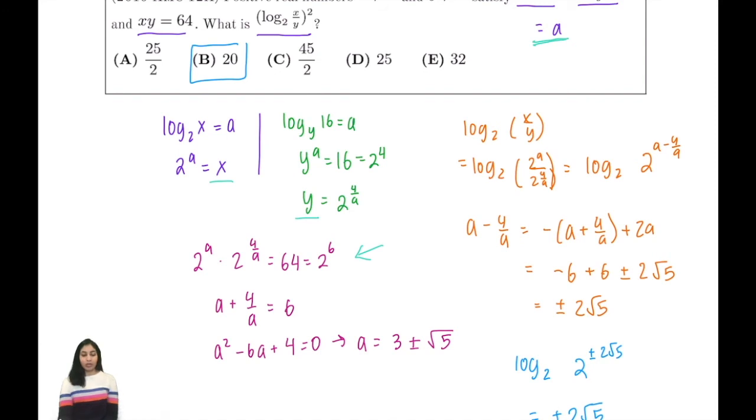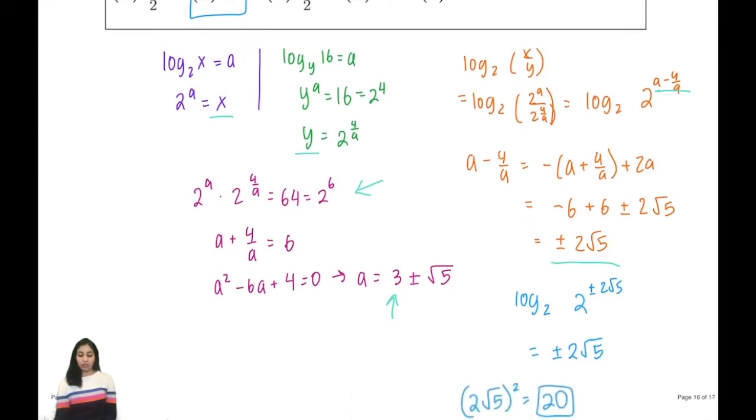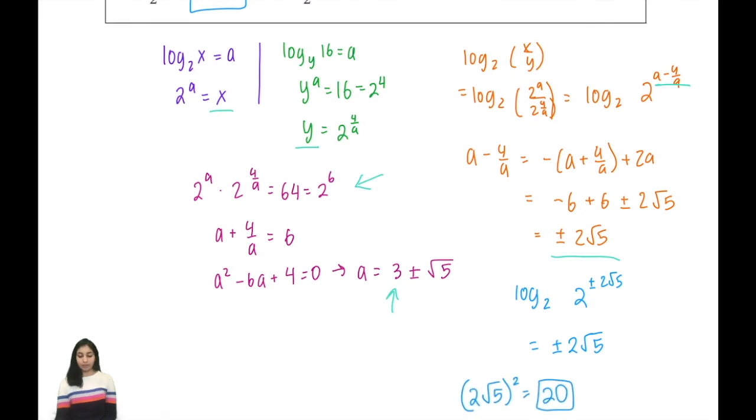We wrote an equation for a and solved using quadratic formula to get a equals 3 plus or minus root 5. We took our desired expression and calculated that we wanted a minus 4 over a, found it based on our previous values, and got that it was plus or minus 2 root 5, and then we squared it and plugged it into our final expression to get our answer of 20.